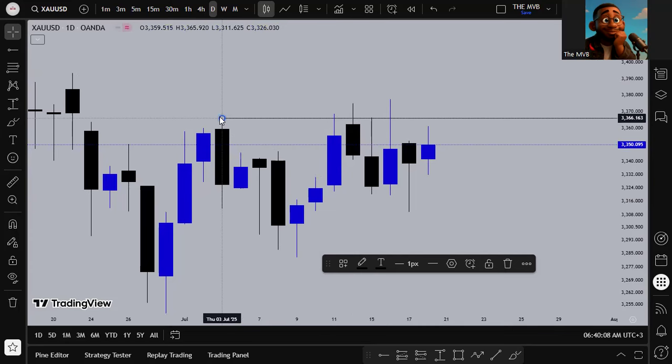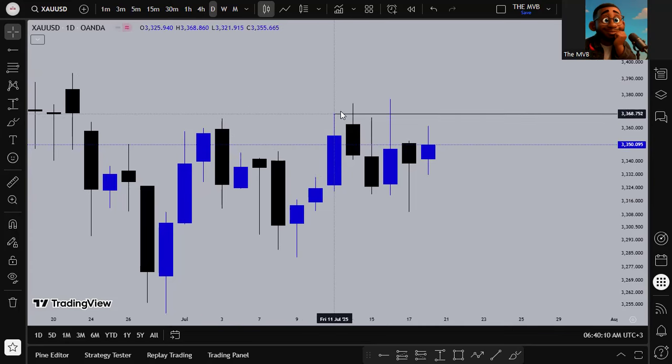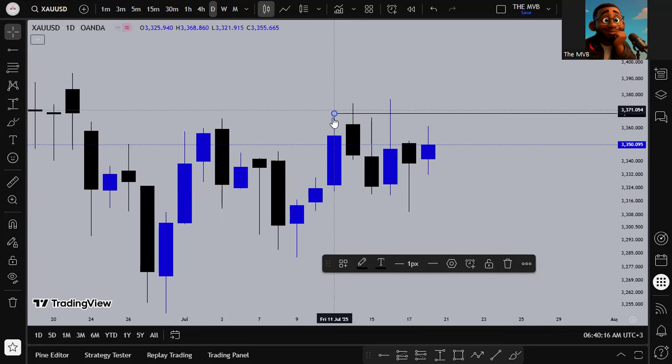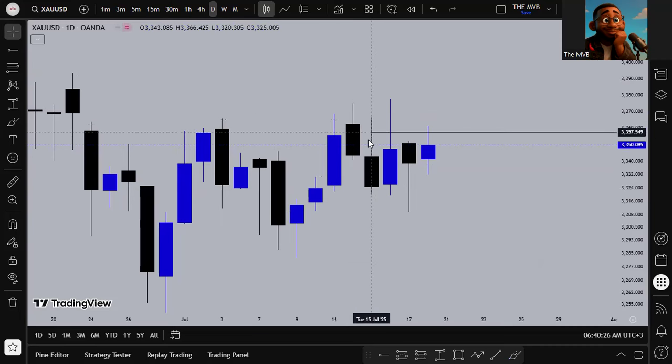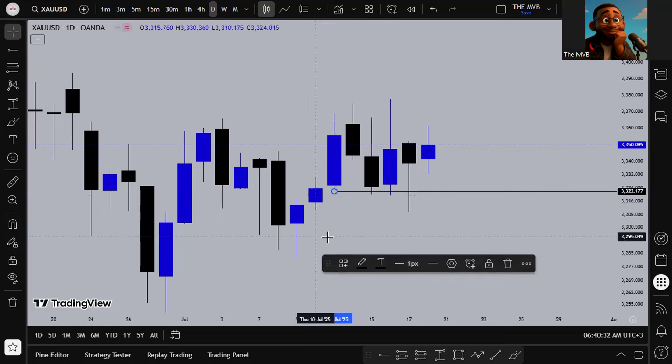That's why we also get a confirmation by candle to candle now. This candle performed a wick to wick breakout. That means the next candle will perform a reversal. That's why we had a reversal the next day to break this low here.